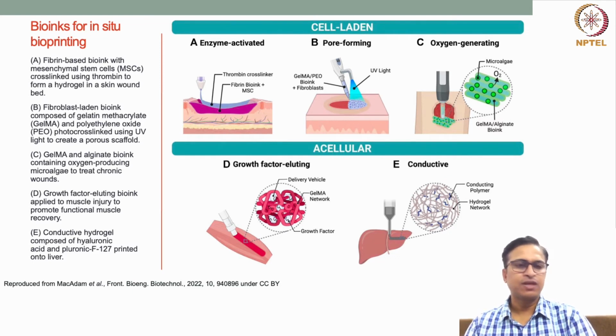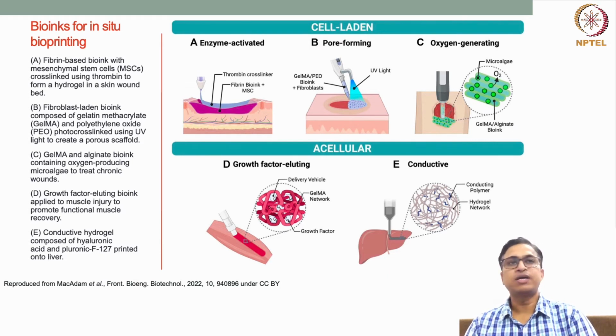Like the very first thing that is given here is the enzyme activated. Like, as we have discussed, enzyme based cross-linking mechanism is one most prominent strategy for certain types of bioink, to use them for bioprinting of different types of structures.